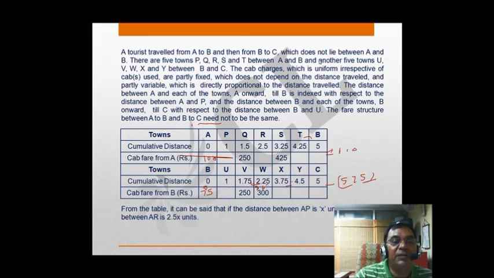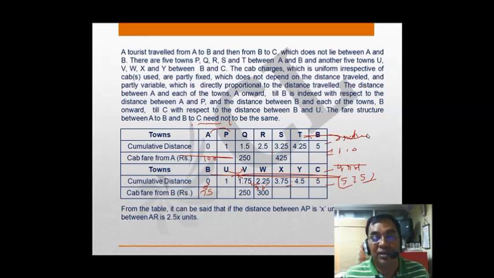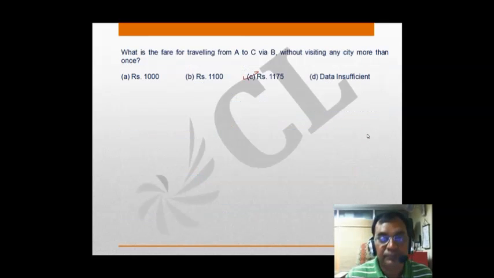A and P is 1, U and V is 0.75. That means 75%, 0.75 of AP is equal to 1. So that means this is 4 ratio, and this is 3 ratio. The distances are in the reverse ratio, because 0.75 is equal to 1 of AB. After that we come to the question.